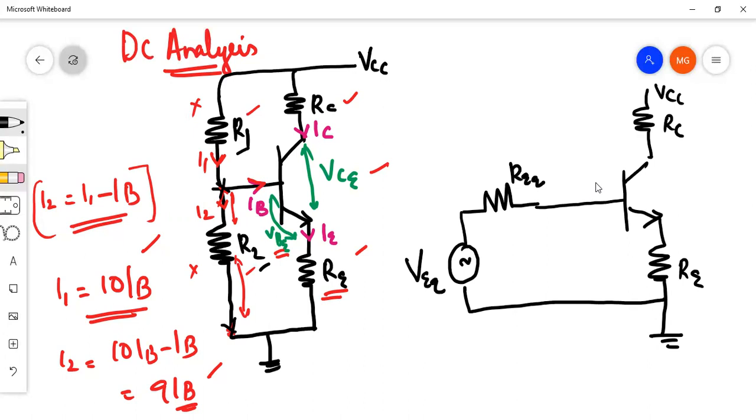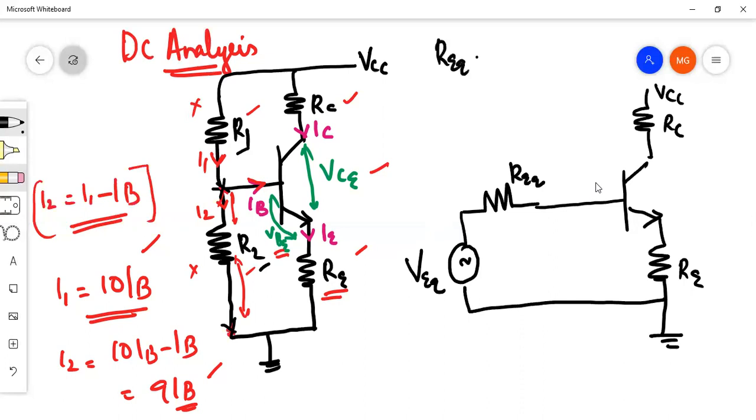Then this R equivalent: R1 and R2 are not in series. They are in parallel, because two different currents flow here. The current through R1 is 10 times IB, and through R2 it is 9 times IB. So the currents are different, so they are in parallel.